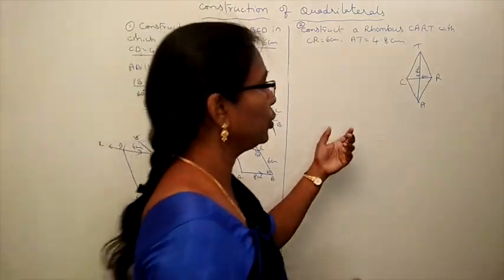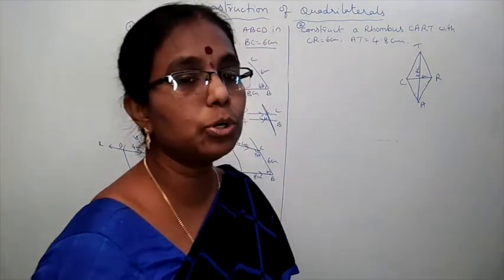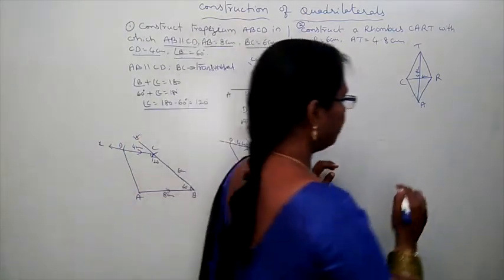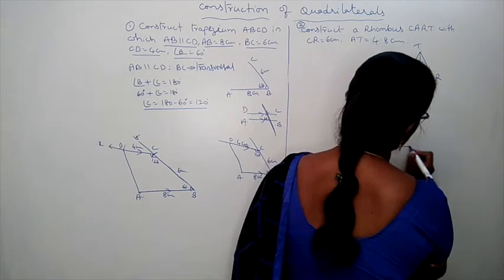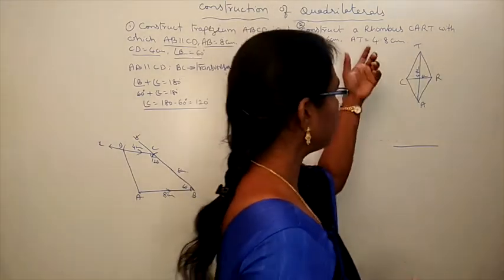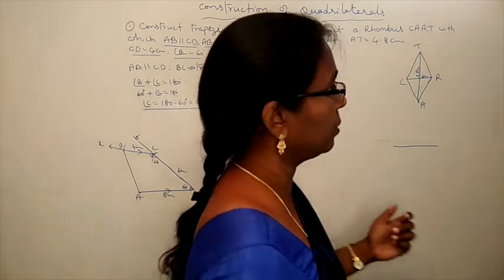First, before going to draw the rhombus, how to draw the perpendicular bisector? For one given line segment, how to draw the perpendicular bisector? Because what are the properties of rhombus?